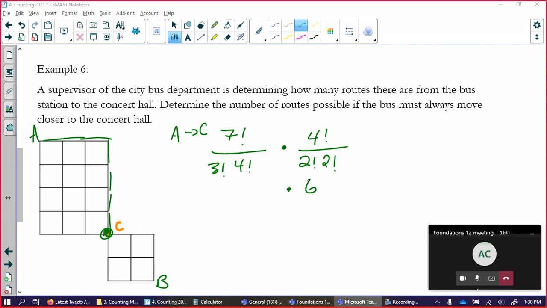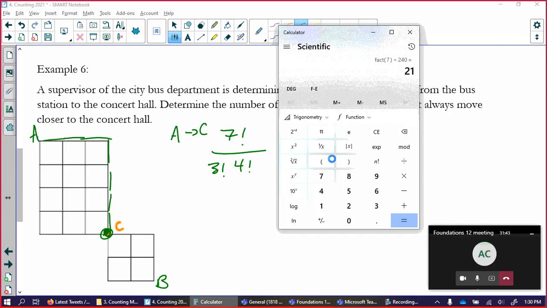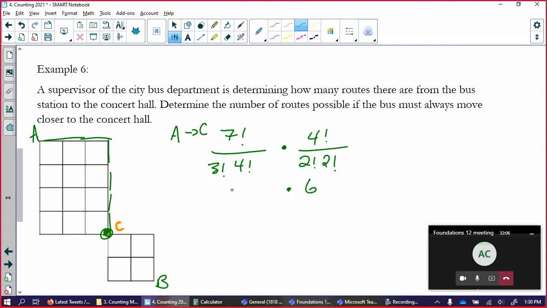That should be 6. Put it all in at once: 7 factorial bracket equals. So there's 35 possible paths from there to there.